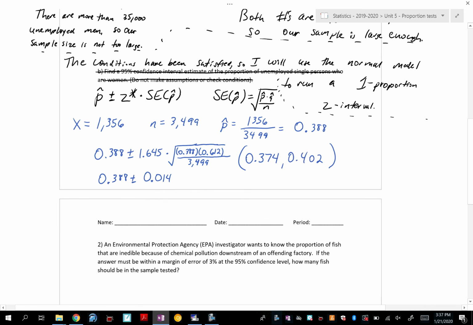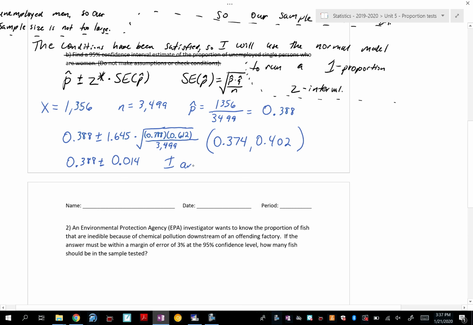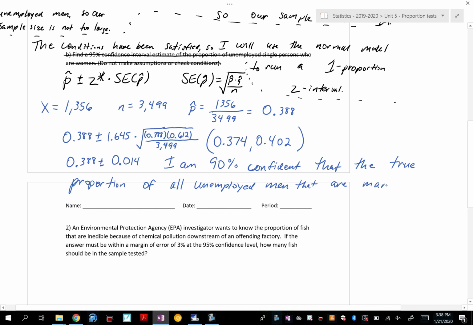We're going to write, I am 95%, I'm sorry, my bad, I'm so sorry. 90% confident that the true proportion of all unemployed men that are married is between 37.4% and 40.2%.